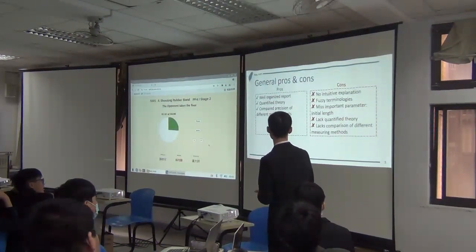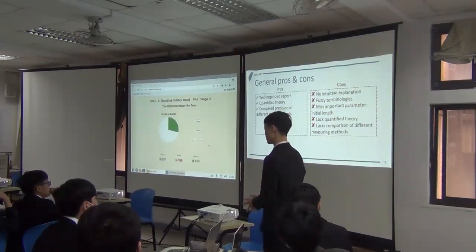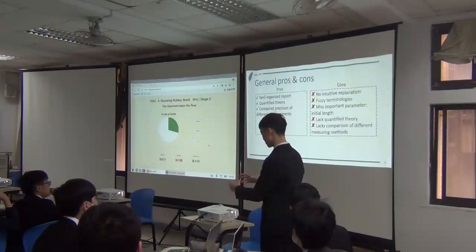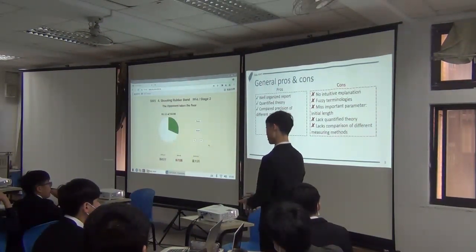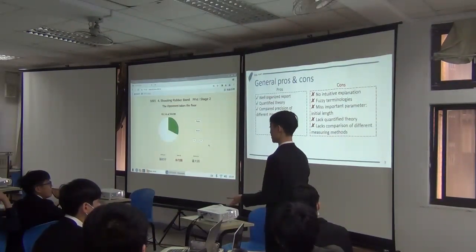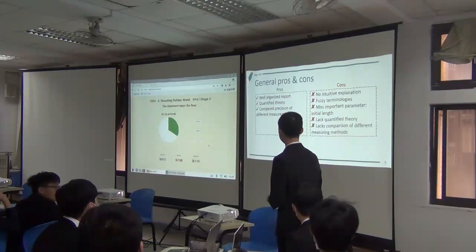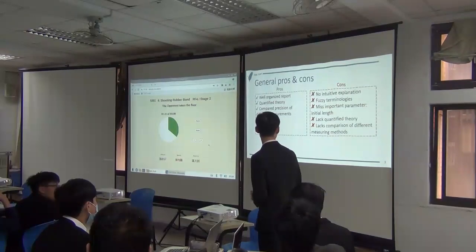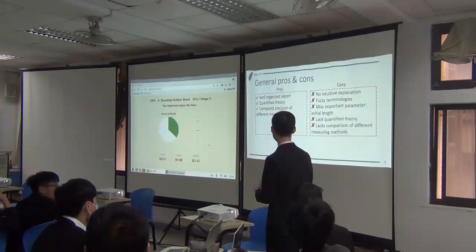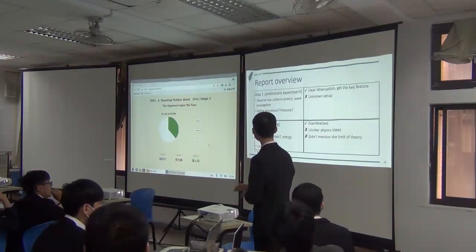They missed an important parameter called initial length, because we observed that you did non-uniform stretch, and the length difference between the two sides of the rubber band, but we don't see the initial length parameter in your experiment. And we think that you lacked quantified theory to explain your experiment. We think you also lack comparison between different measuring methods.